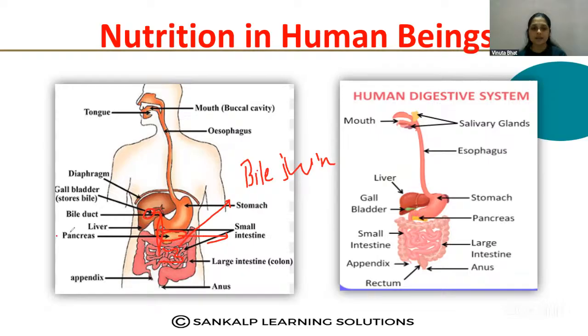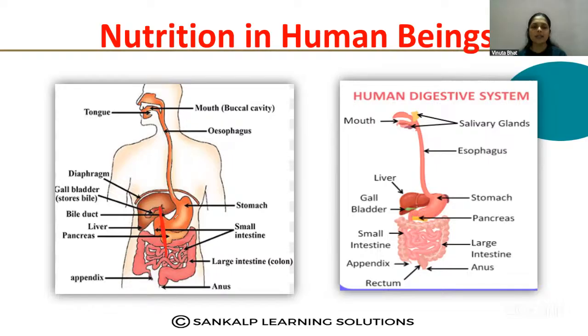So here it is named pancreas. The small intestine receives the pancreatic juice from the pancreas through a common bile duct. So this is the bile duct, which transfers the bile juice to the small intestine.